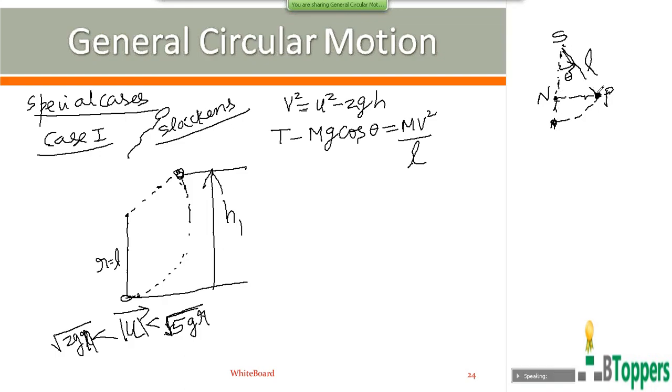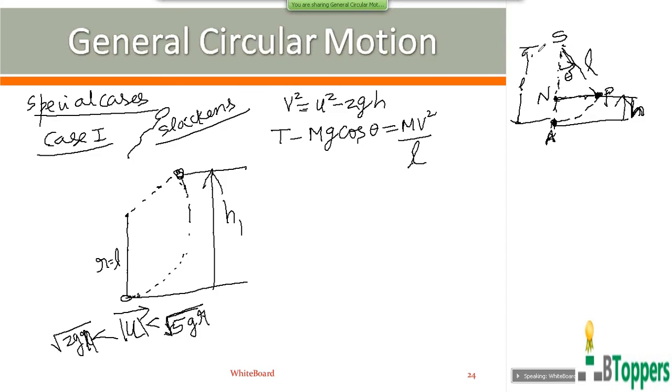The length from S to P equals L. The length from S to A is also equal to L. So this length is h, the vertical height of the bob above the lowest position. Here A is the lowest position, and P is the position of the bob at the instant when it is at the height h above the lowest position.